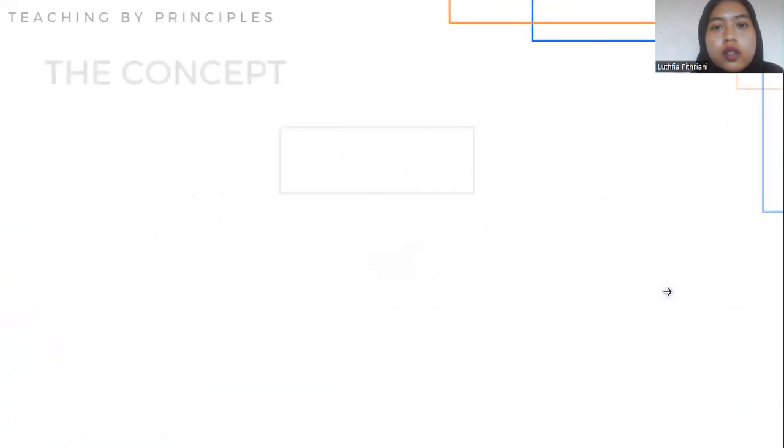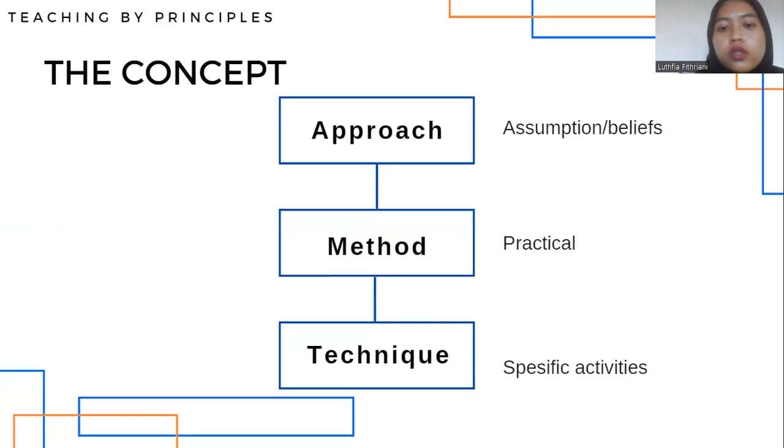Do you know what is the difference among approach, method, and technique? Approach is a set of assumptions dealing with the nature of language, learning, and teaching, while method is pedagogical practices of an approach, and techniques are specific activities that are consistent with method and approach.